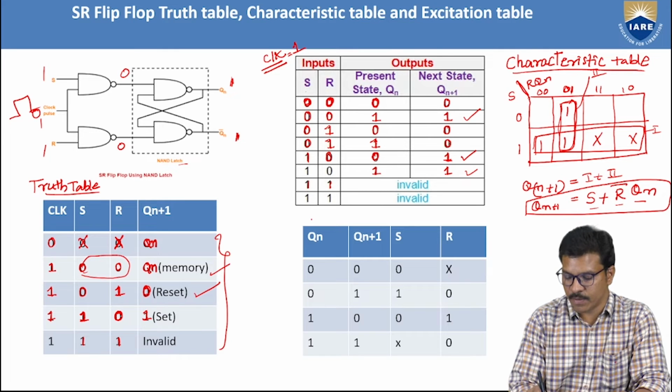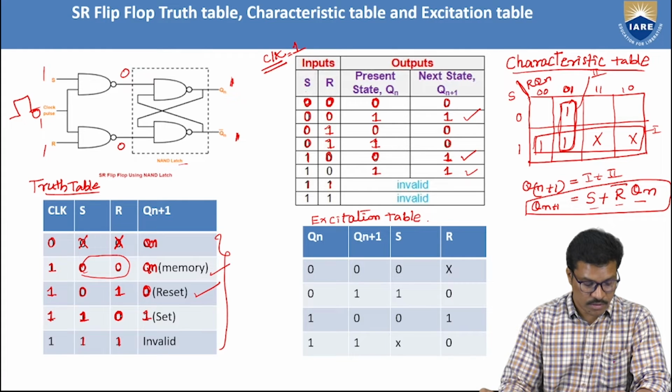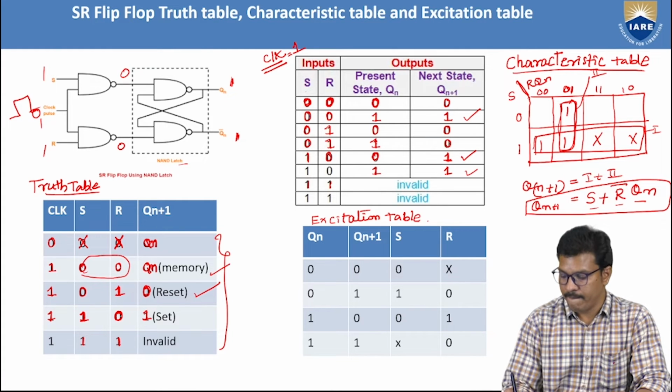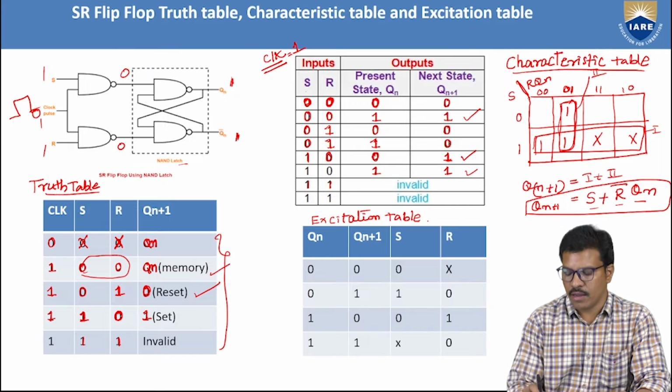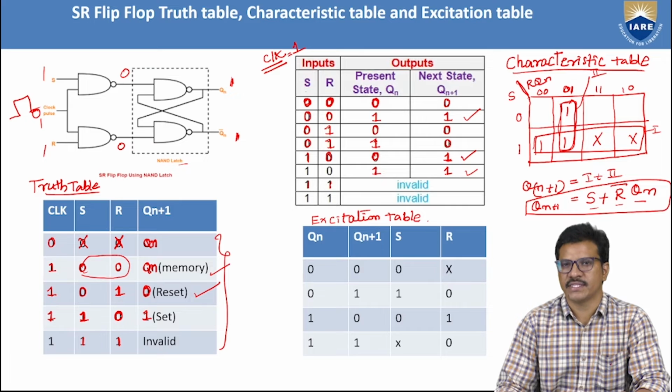So what is the excitation table? This is the excitation table. Same here also. We have a present state and next state, and the minimum number of input combinations required to get that present state and next state.